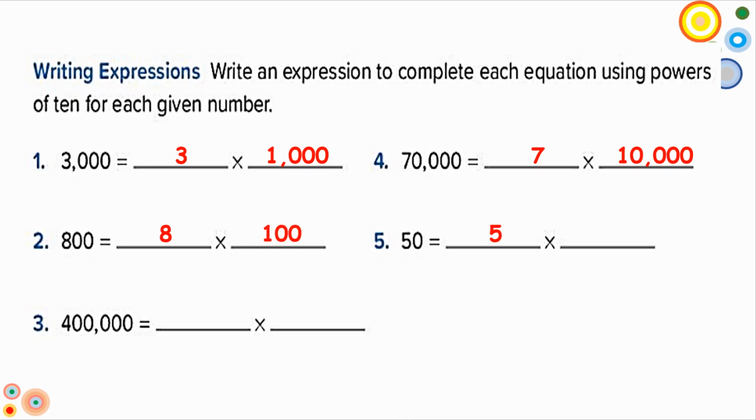Okay, the next one, 5 times 50 equals 5 times, yes, 10. It's too easy. The last one, think in this question, 400,000. So 4 times 100,000.